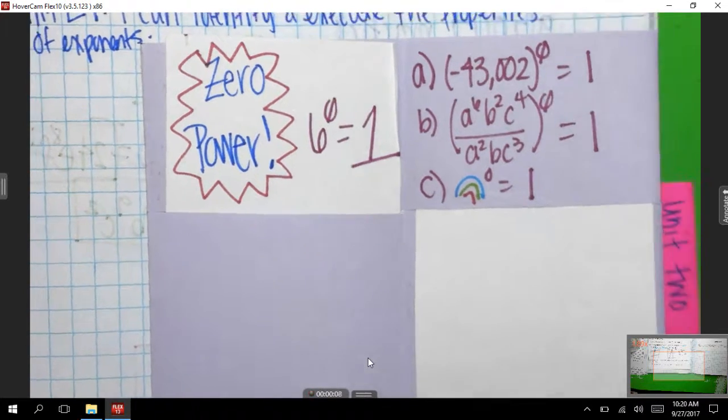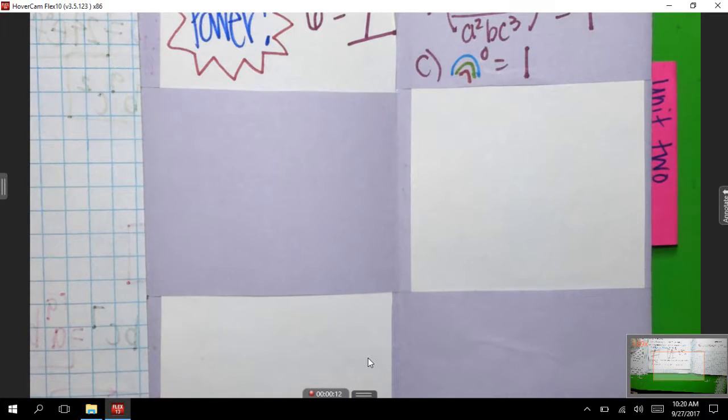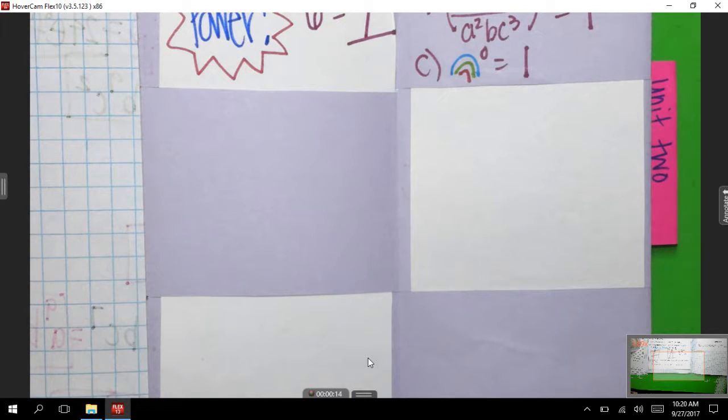Here we go. So we are going to write underneath zero: power fractions as exponents.